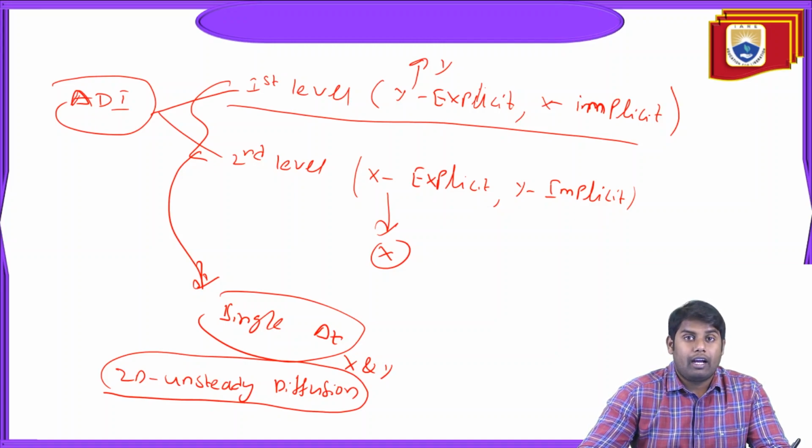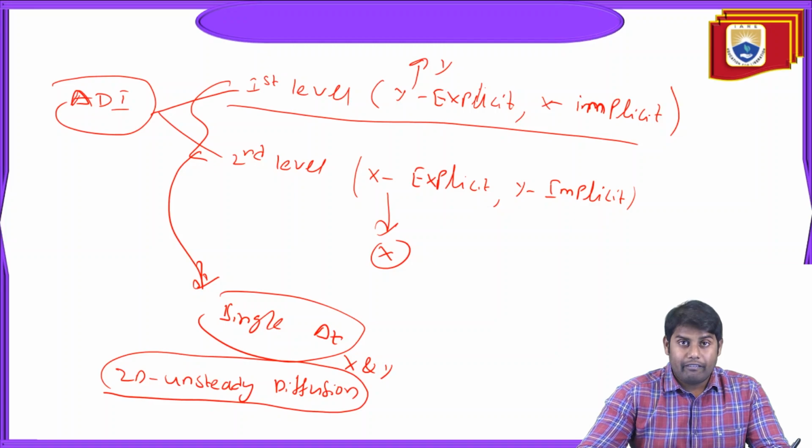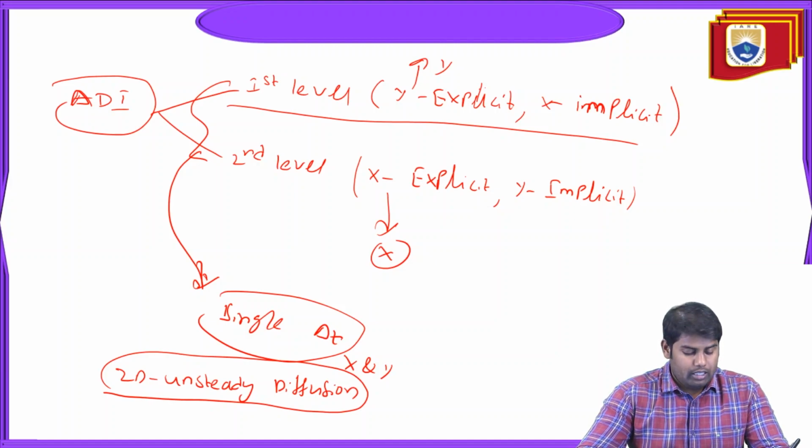Implicit methods are unconditionally stable, so people prefer implicit methods for their unconditional stability. The problem with implicit is that they are not straightforward to solve. Therefore, we divide into halves, half explicit and half implicit, and we combine them to get a single value of delta T for the 2D unsteady diffusion equation.